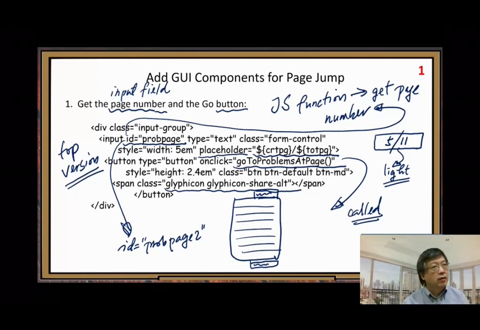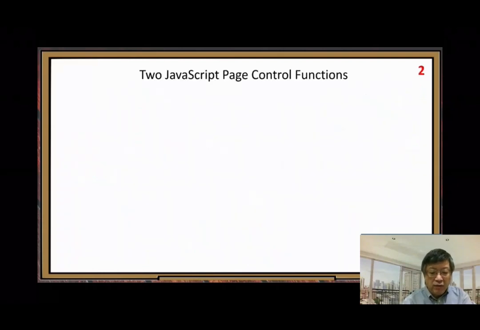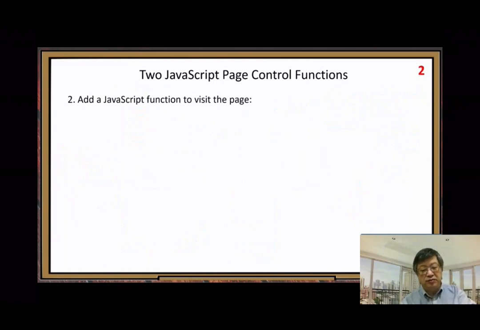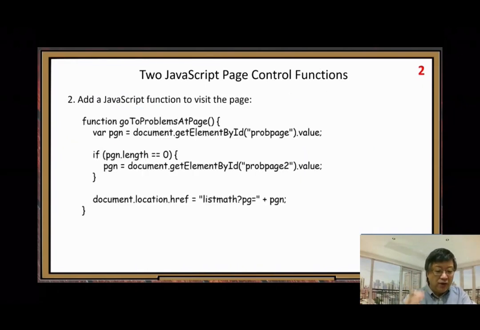All right, so the next page, let us look at our JavaScript definition. Add a JavaScript function to visit the page. The code is pretty straightforward. First, we get the page number through the ID.